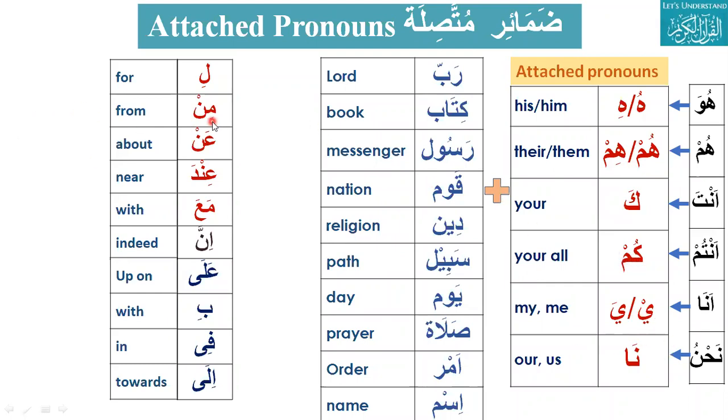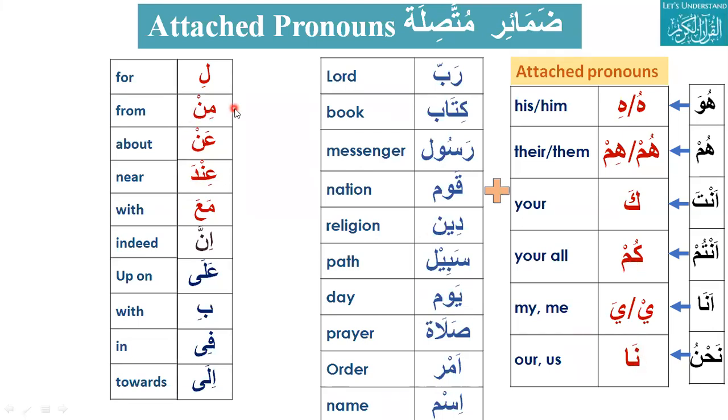You just took one word, min, you know the meaning, that is from, and they will come to your fingertips when you practice again and again. So you attach min with the attached pronouns and you will produce six more words: minhu, from him; minhum, from them; minka, from you; minkum, from you all; minni, from me; minna, from us.